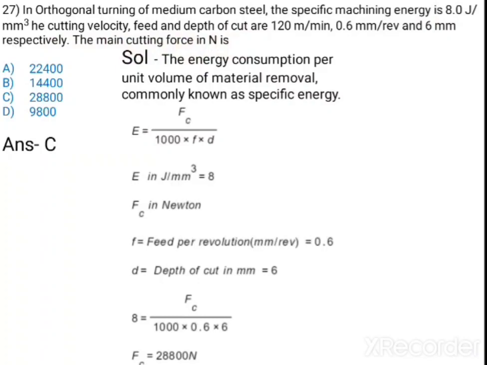The energy consumption per unit volume of material removal is the specific energy. So E equals Fc divided by (f into d), with E in joule per mm cube, given as 8. Fc is in Newton, feed is 0.6 mm per revolution, depth of cut is 6 mm. Just put the values.